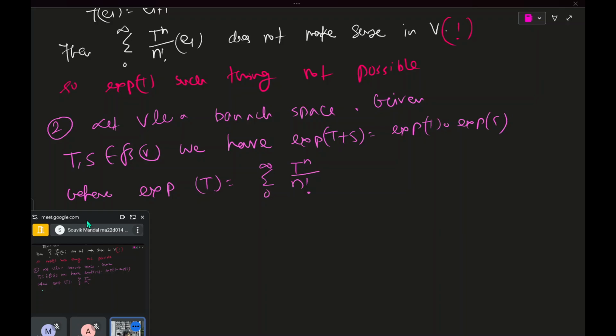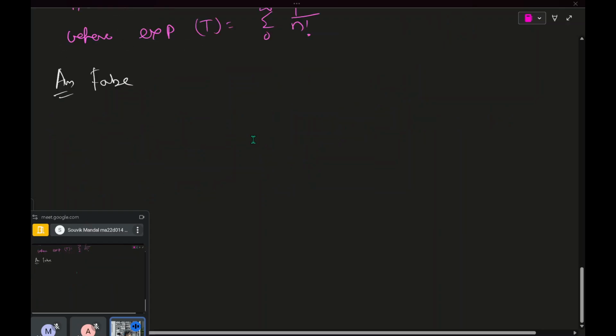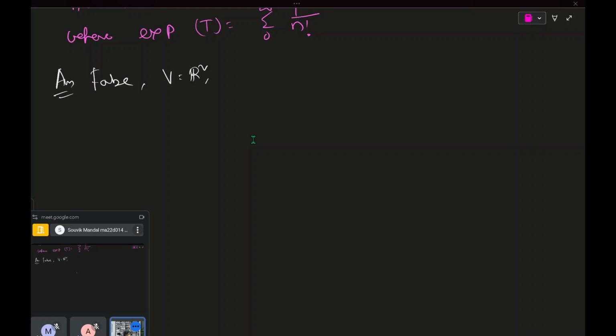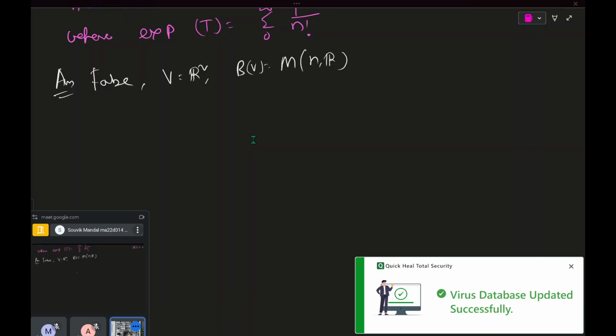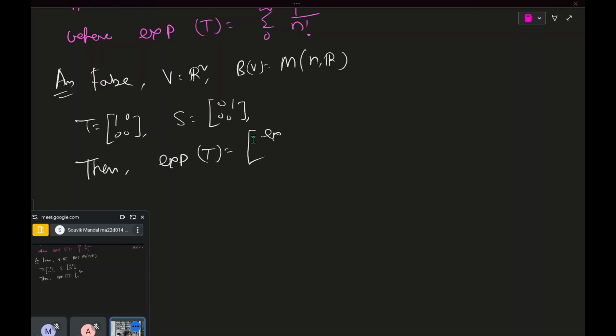So as a counterexample, put V equal to R^2 with bounded linear maps in matrix form, and put T equal to [1 0; 0 0] and S equal to [0 1; 0 0]. Then exp(T) is equal to [e 0; 0 1] and exp(S) is equal to [1 1; 0 1].